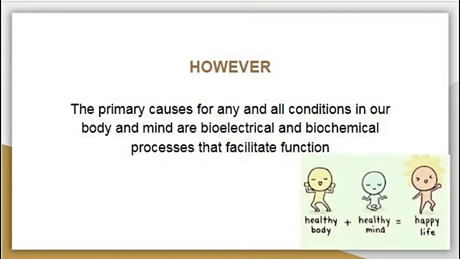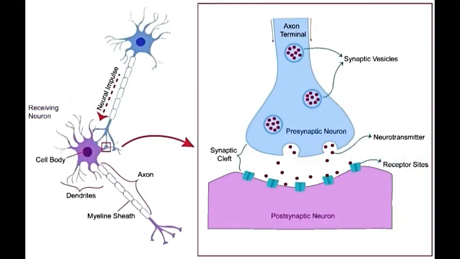In simple terms, my brain produces certain chemicals, and those chemicals facilitate certain electrical processes. And those electrical processes determine how the body and the brain function. Should there be a problem, either a shortage or an oversupply of certain chemicals or certain hormones or neurotransmitters, that will have an impact on the bioelectrical processes, and that in turn will affect the bodily function.